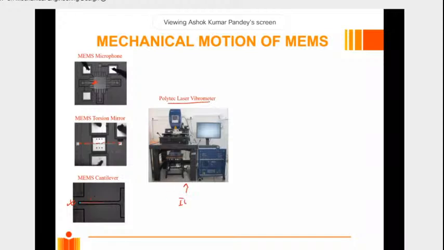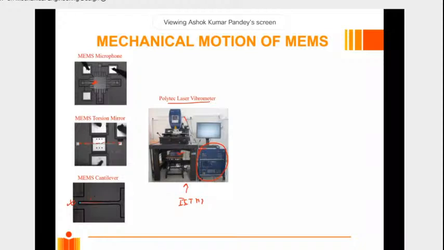This is called your junction box, and then your processing unit and signal generators are all fixed into this particular box. Okay, and from there, this is your laser source. With the help of this laser, you bring it into this head.